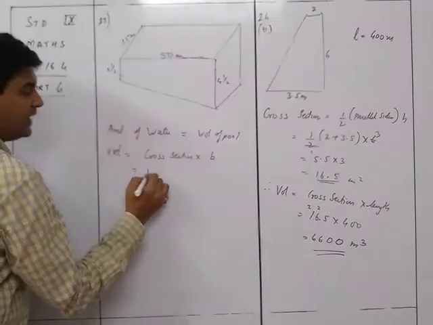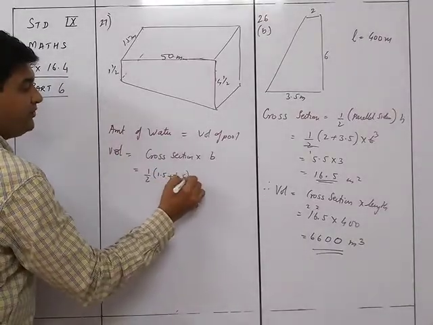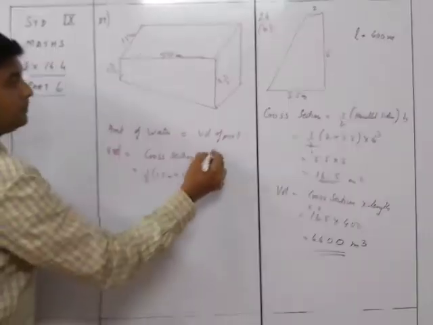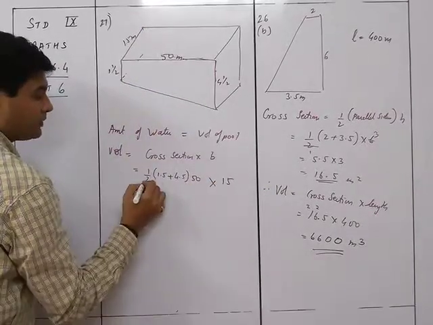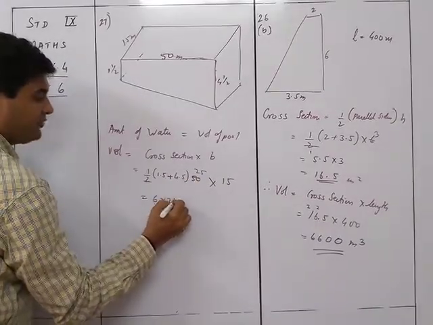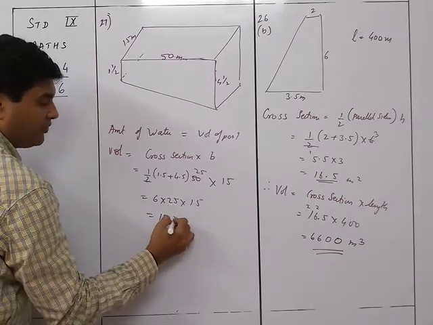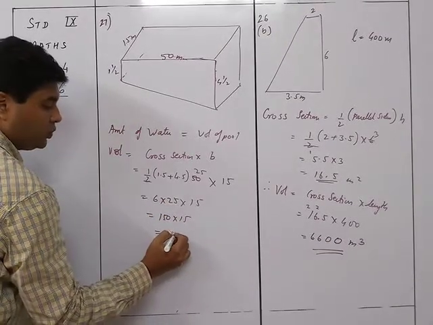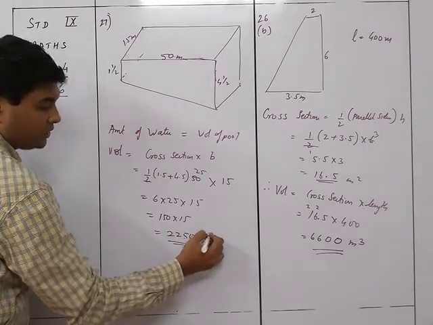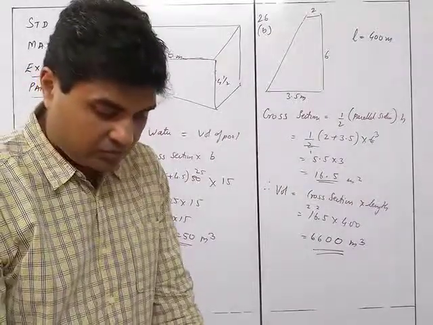Cross section is half into 1.5 plus 4.5 into h is 50, into the breadth is 15. So that's 25. This is 6 into 25 into 15. This is 150 into 15 is equal to 2250 meter cube. So the volume of the water will be 2250 meter cube.